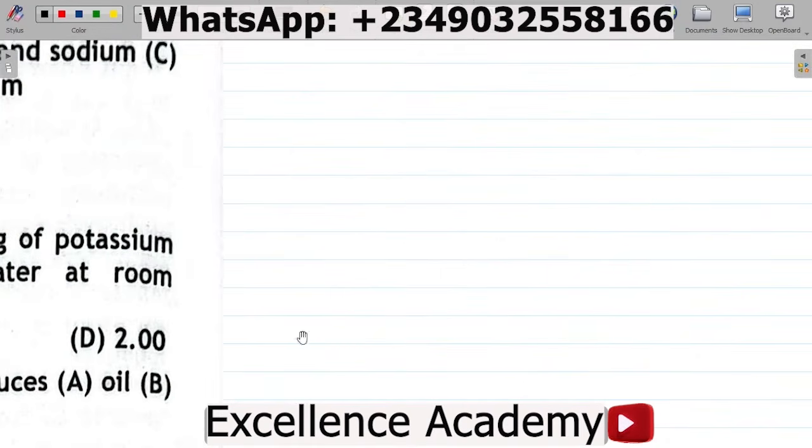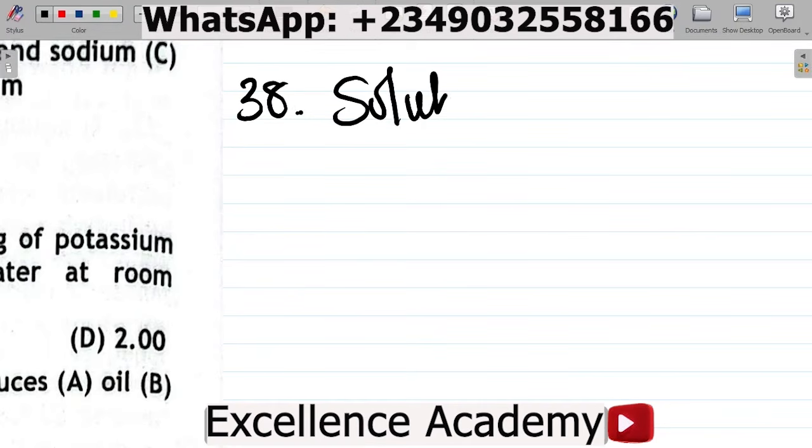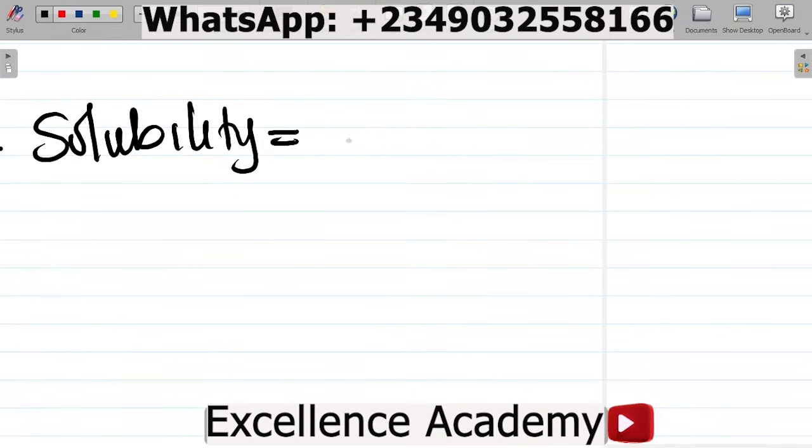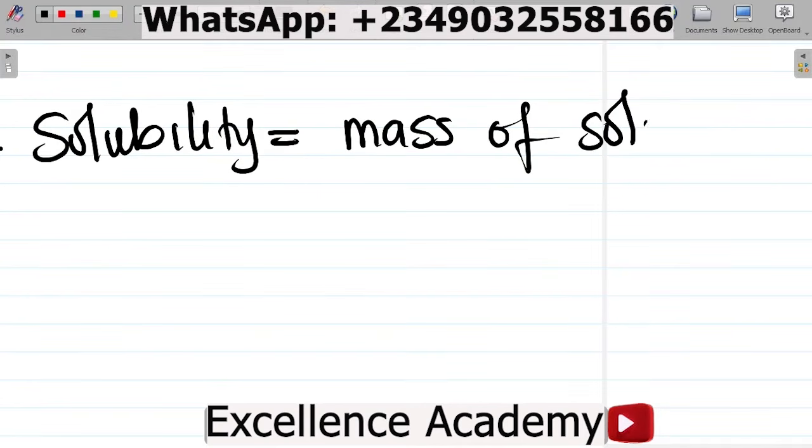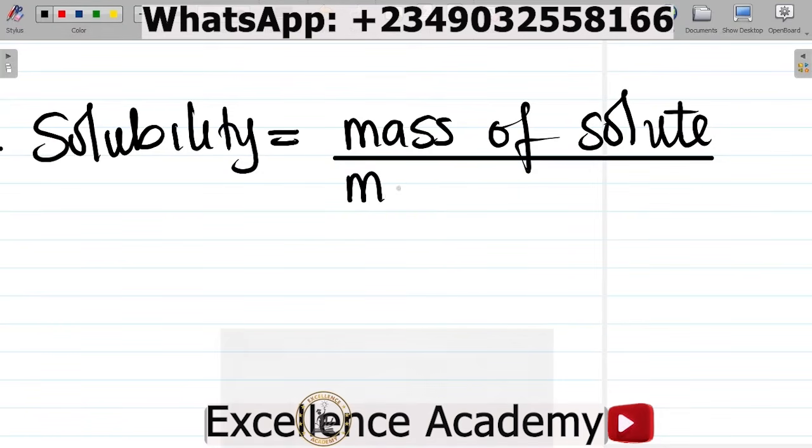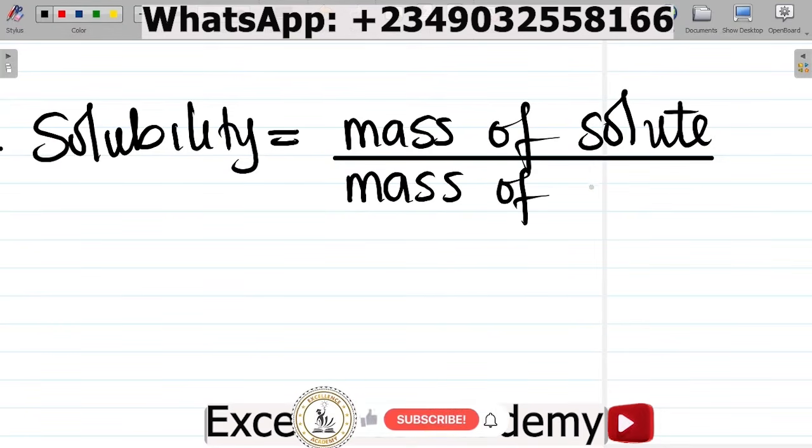To solve this, you want to note that the formula for solubility is equal to mass of solute all over mass of solvent.